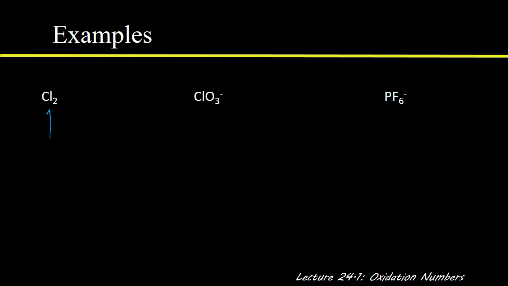Okay. This is back to our, I think, our very first rule. Any element by itself, the oxidation number is 0. So that one's simple. Okay. Now we'll look at the chlorate ion. This is similar to one of the examples we did with chlorite, but in this case it's chlorate. So the oxidation number on chlorine plus 3 times the oxidation number of oxygen has to equal the net charge, which in this case is -1, of chlorine and oxygen.